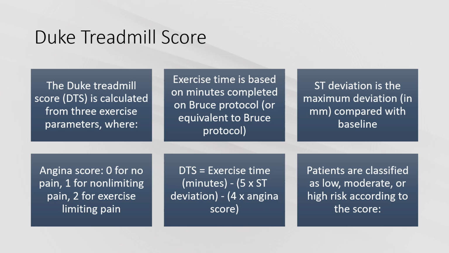Otherwise, the Duke treadmill score is calculated by using the exercise time in minutes, and from that, 5 times the ST deviation is subtracted, and 4 times the angina score. However, this is done by the interpreting physician, and you do not have to worry about that, but know this.